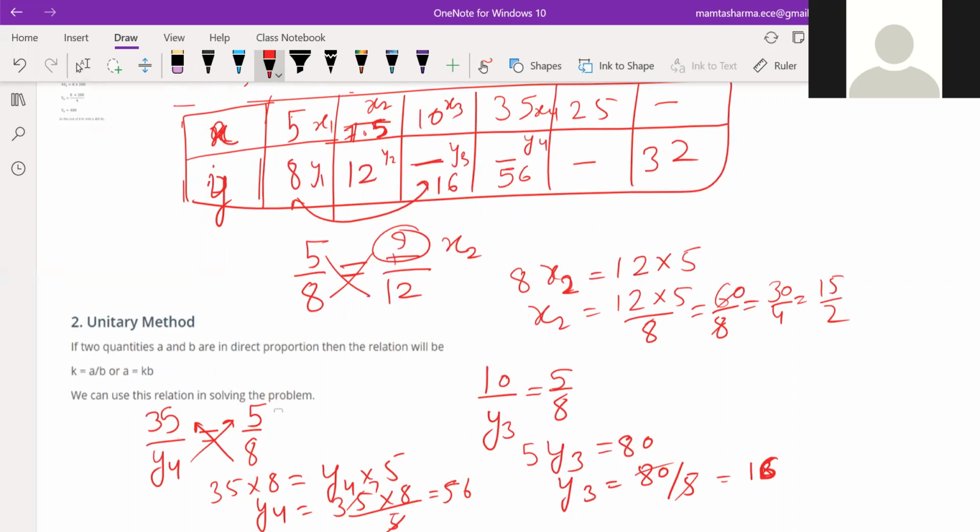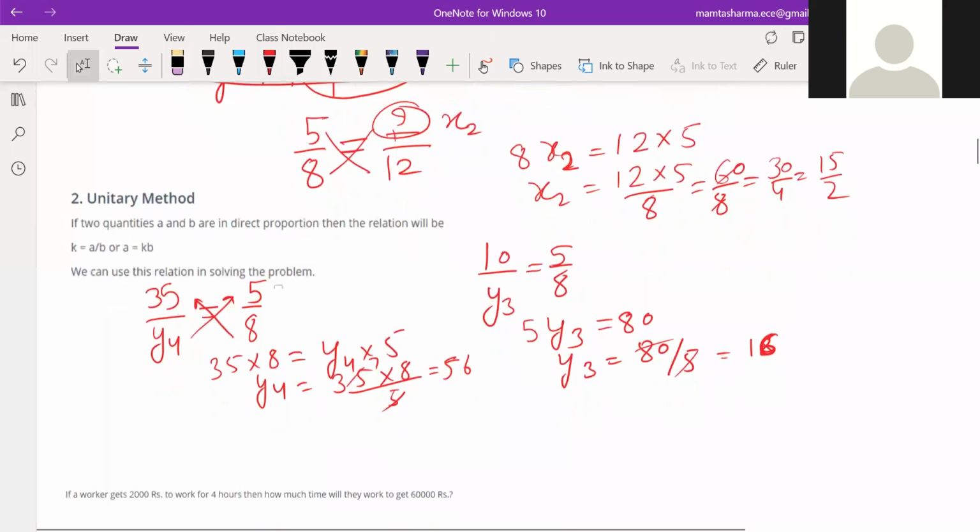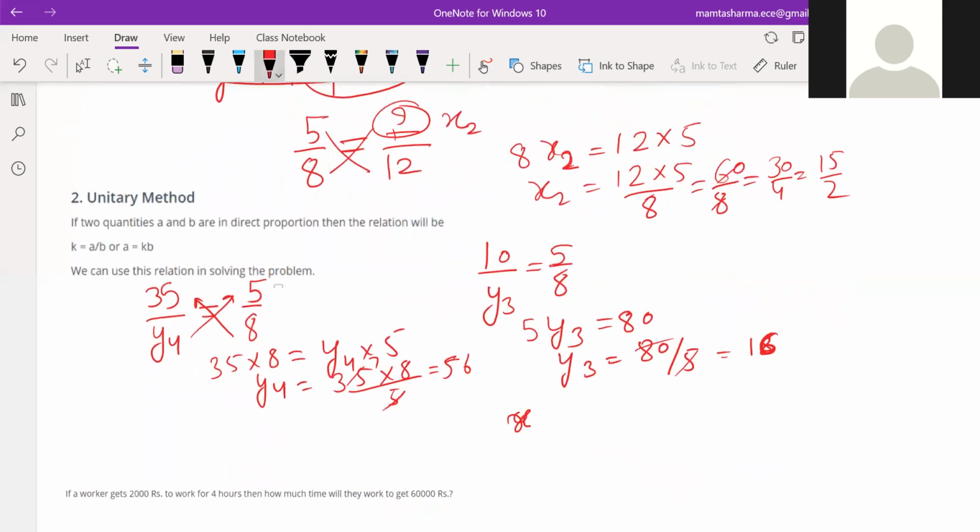Now you have to find out this value. Let's say this is X5 and this is Y5. You have to find out Y5. Again, equate this ratio X5 by Y5 to X1 by Y1, 5 by 8. X5 is 25, so 25 by Y5 equal to 5 by 8.